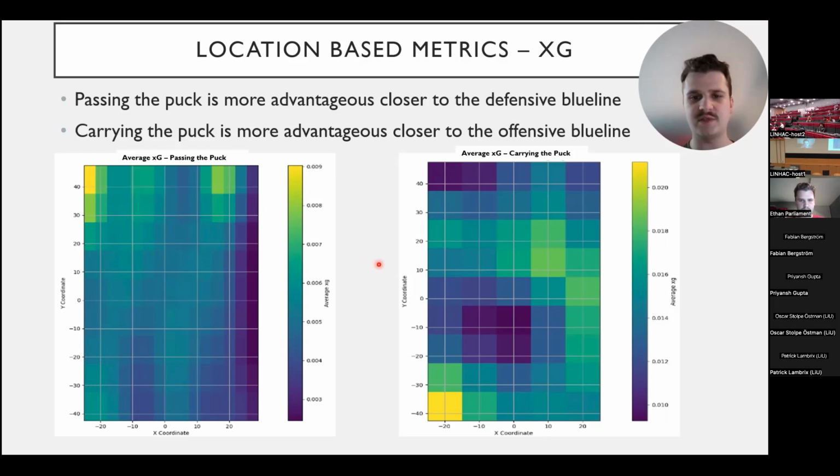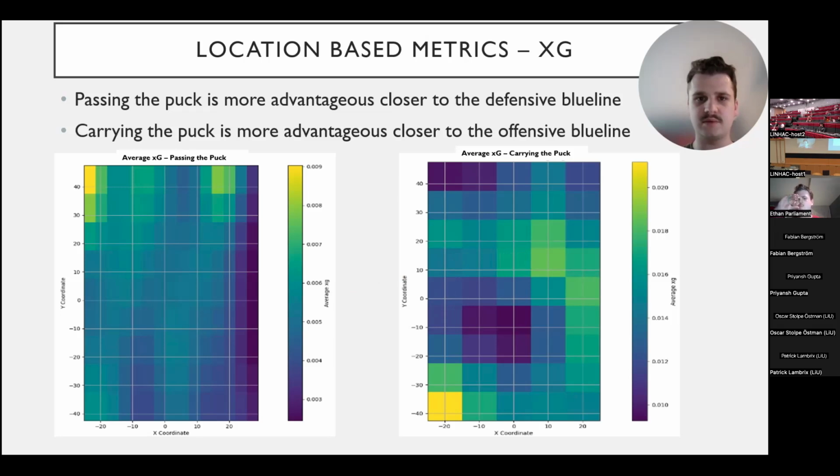The opposite can be said for carrying the puck, where you get some low values trying to carry the puck from your blue line, but as you get closer and closer to the offensive blue line, the average expected goals increases. This can lead to some interesting strategies for teams, where players can pass the puck more often when they're closer to the defensive blue line, but as they get closer to the offensive blue line, they should attempt to carry the puck in order to increase their expected goals.